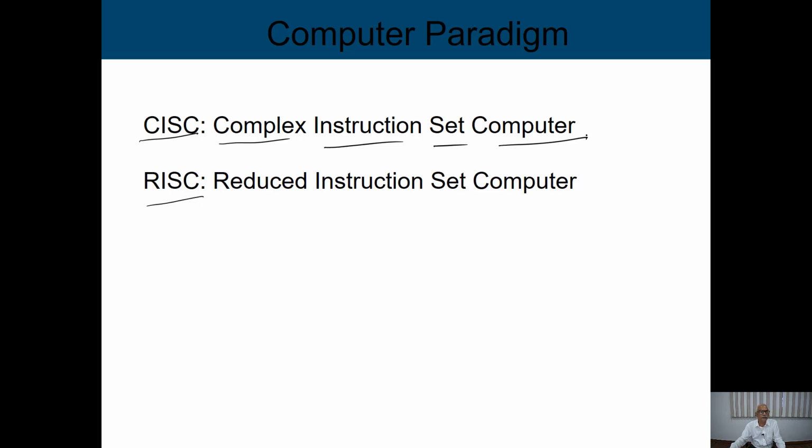So people felt that it is unnecessary to give more and more complex instructions in the processor, and they came to the RISC paradigm. They said we are going to reduce the instructions in the instruction set, give primitive instructions only, and people will develop their own routines to do complex work. This is known as RISC, the reduced instruction set computer. So these are the two paradigms we have.